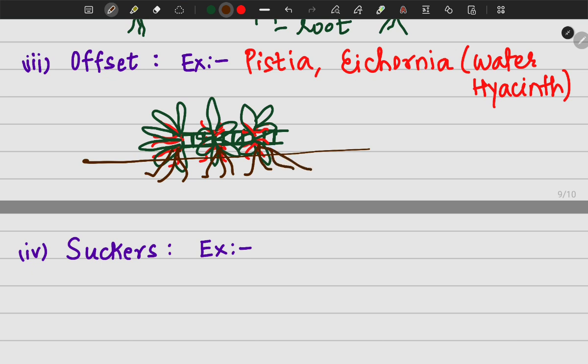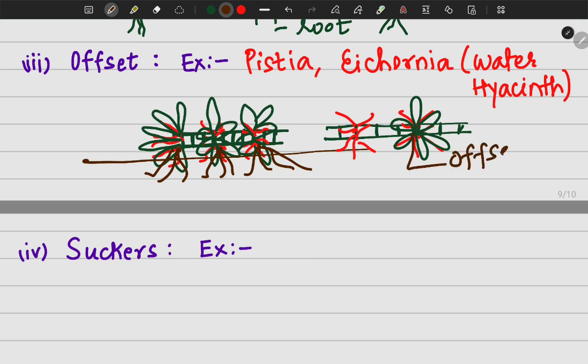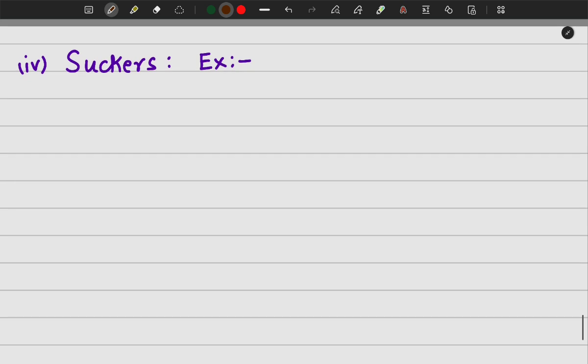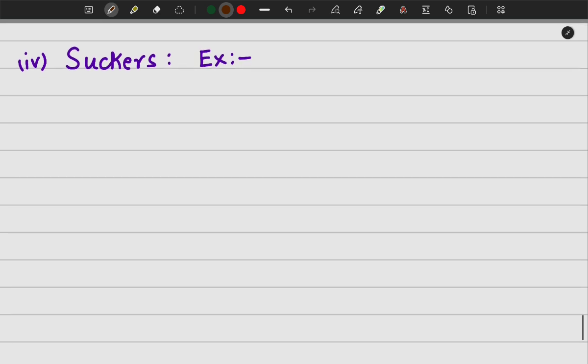So these structures with short internodes, from where a tuft of roots and a rosette of leaves arise, this structure is called an offset, and it is mainly seen in Eichhornia and pistia. I hope it's clear. Then let us move on to the last modification, which is called sucker.